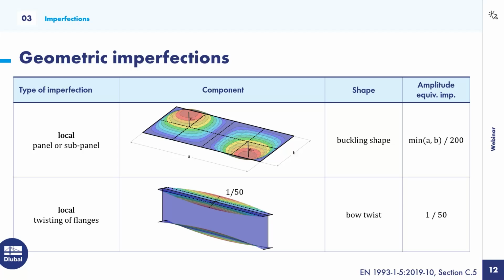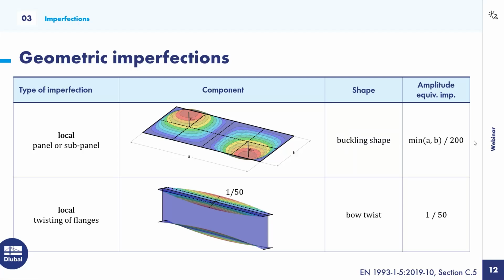And those are the local buckling shape deformations in the buckling panels or in potential buckling panels. And if we use geometric equivalent imperfections, the amplitude of such imperfections should be the minimum dimension of the panel divided by 200.